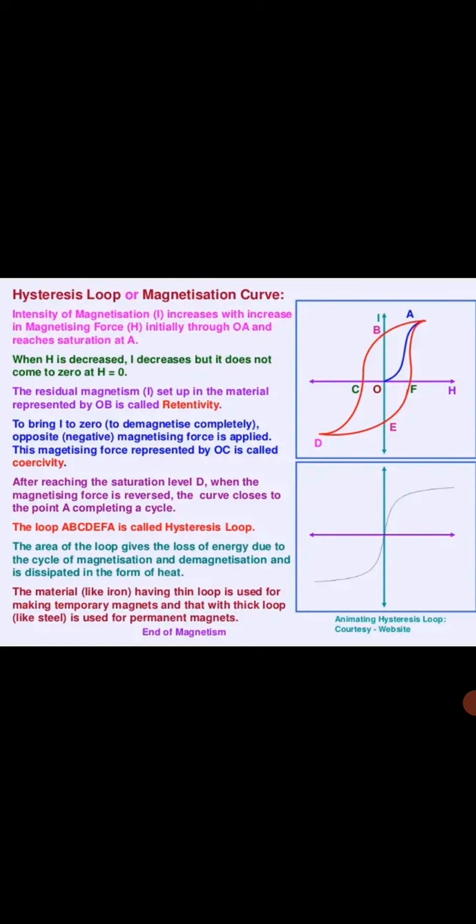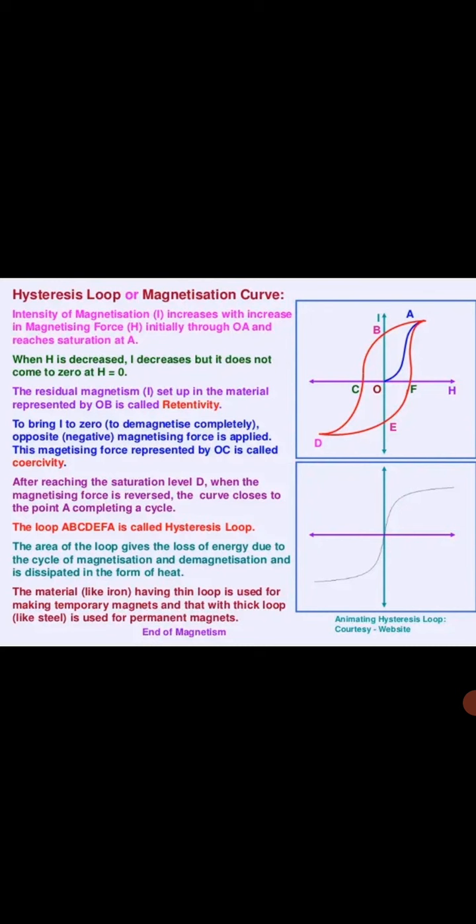If we want to bring I, the intensity of magnetization of the substance, to 0, that means the substance should be completely demagnetized. Then what will we do? We start increasing the value of H from 0, from the point O to the point C, in the opposite direction.